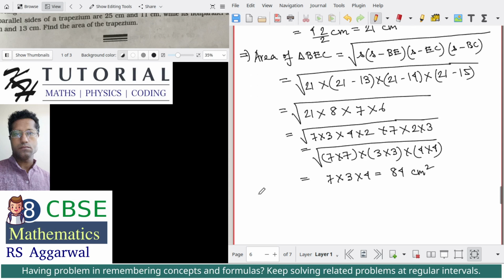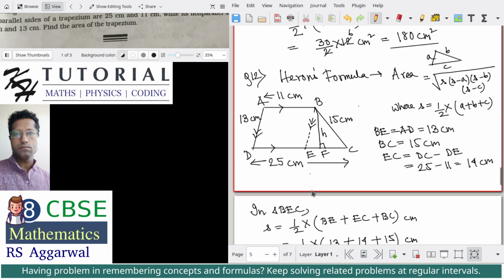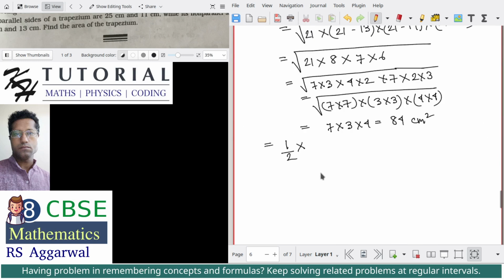Also, the area of the triangle BEC will be half into height into base. The height we are assuming, the height of the triangle BEC, which is BF, is also the height of the trapezium ABCD.